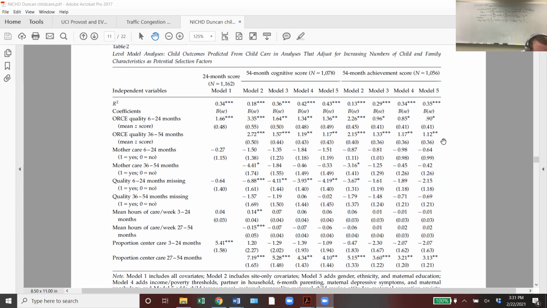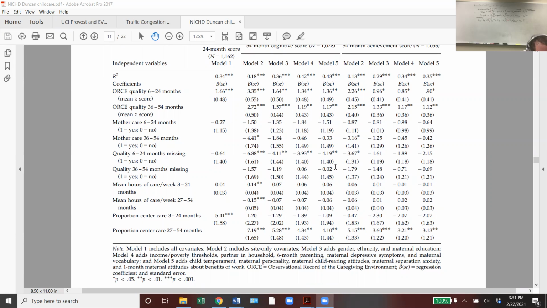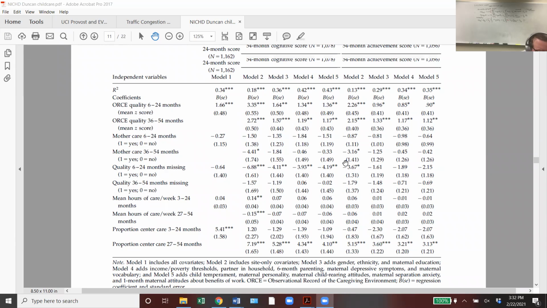Similarly, here, I'm not sure what the difference is. Oh, I see, I'm sorry, cognitive scores and achievement scores, right? They both have standard deviations around 15, and you get less than a 1/10 of a standard deviation change in both cognitive scores as well as achievement scores.